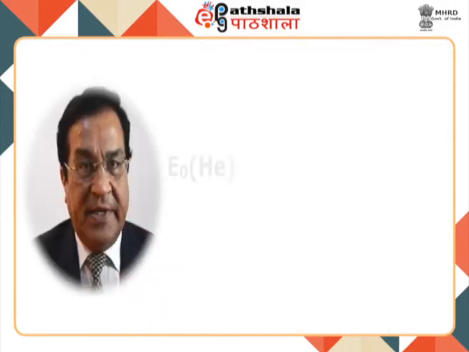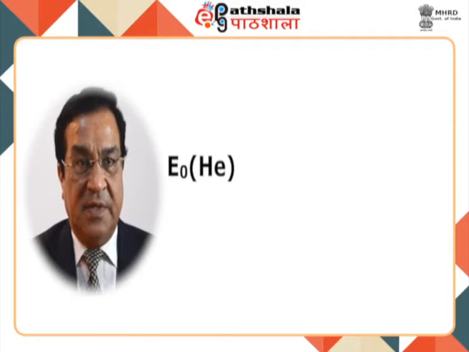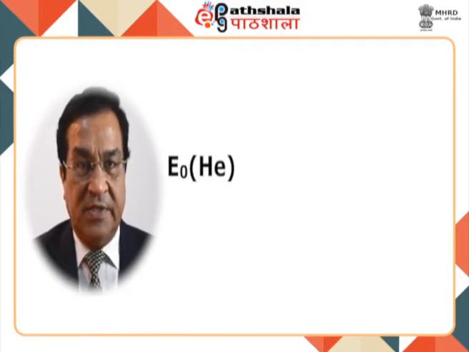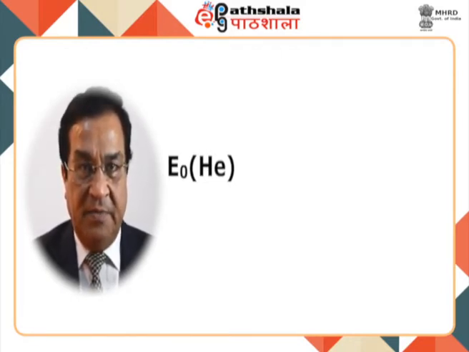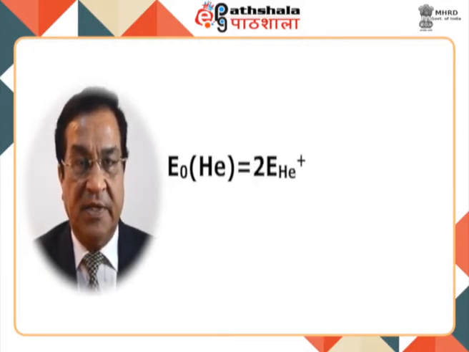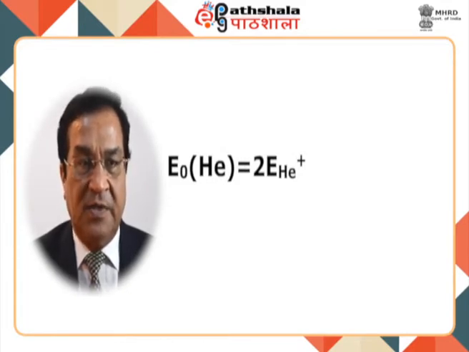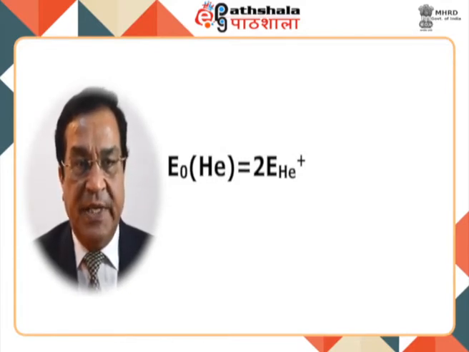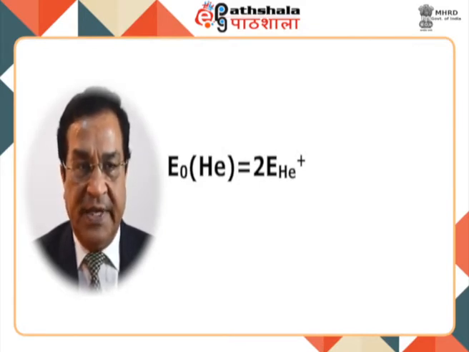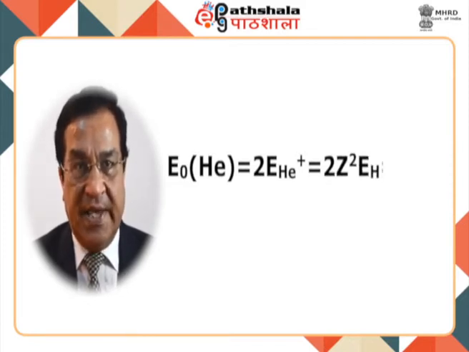Now you can have a look at equation 16, which is very simple. As we have already discussed, the ground state energy of the unperturbed helium atom will be equal to 2 times the corresponding energy of the helium ion. And as we also saw, the energy of the helium ion changes because of Z. So this becomes equal to 2 Z square EH.